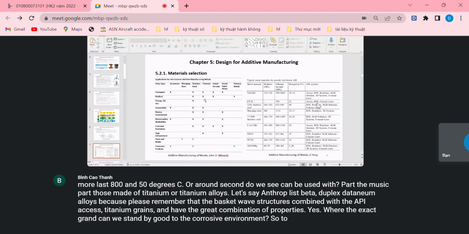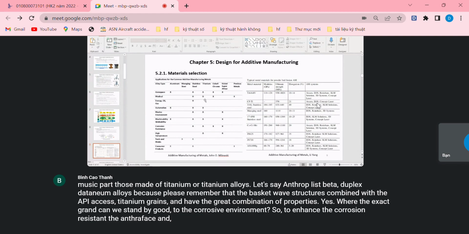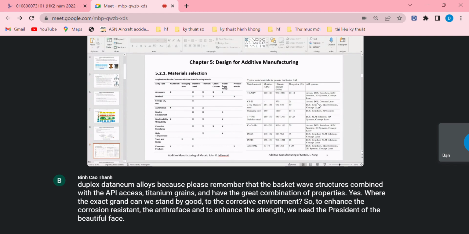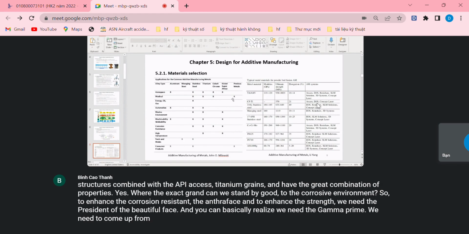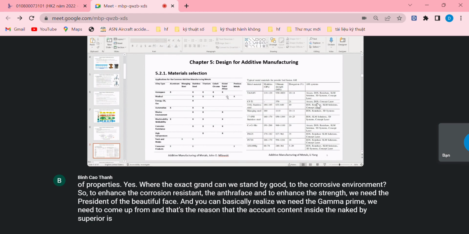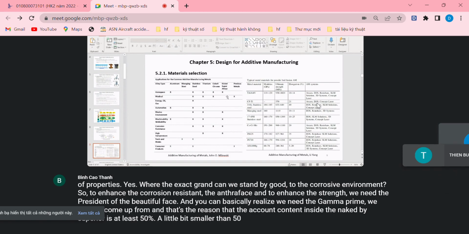So to enhance the corrosion resistance we need the alpha phase, and to enhance the strength, we need the presence of the beta phase. And in nickel-based alloys, we need the gamma prime. We need the gamma prime, and that's the reason that the nickel content inside the nickel-based superalloy is at least 50%, maybe a little bit smaller than 50, but around 50% at least.